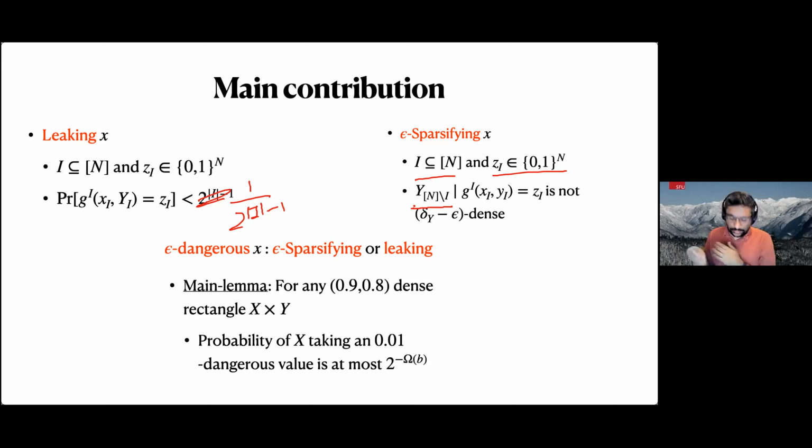For inner product, this is 2 to the minus something like 100 log n, or 1 over poly n. So this is very small.